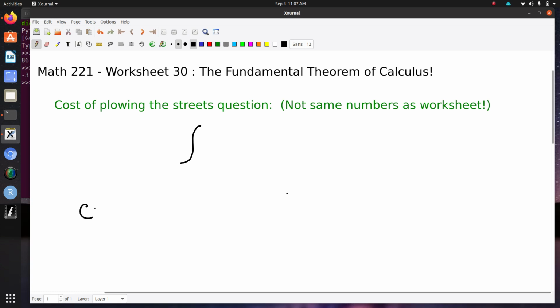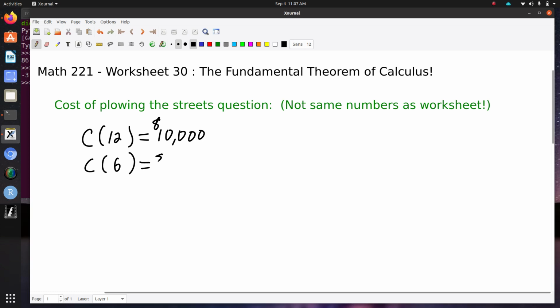So let's say, for example, the cost to remove 12 inches of snow is like $10,000, but maybe the cost to remove 6 inches of snow is $3,000.